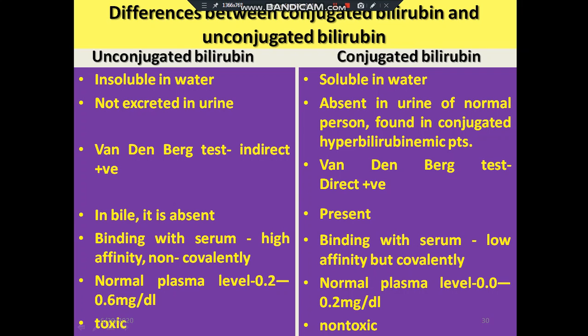Normal plasma level of unconjugated bilirubin is 0.2 to 0.6 milligram per dl, but normal plasma level of conjugated bilirubin is 0.2 milligram per dl. Unconjugated bilirubin is toxic, but conjugated bilirubin is non-toxic. This is the difference between conjugated and unconjugated bilirubin. You need to remember this.